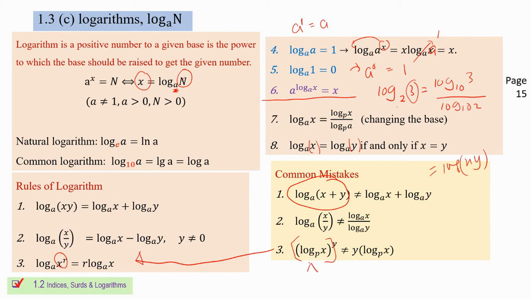This one means that my log p x is repeated y times. Compared to this one, the logarithm where my x is the one repeated r times. So they are not the same.